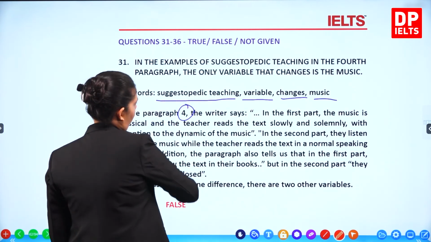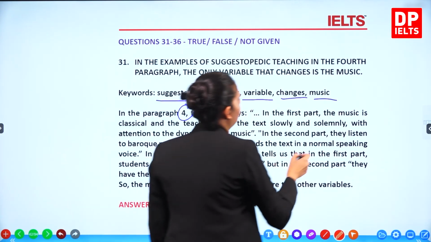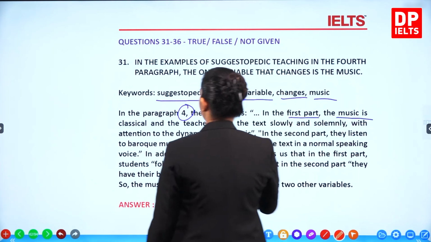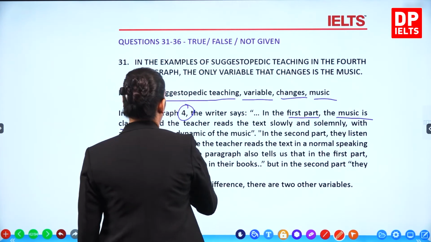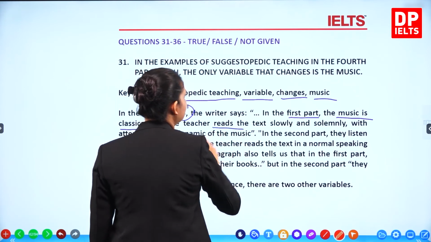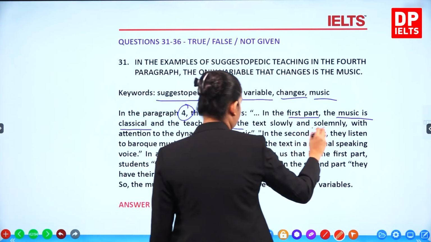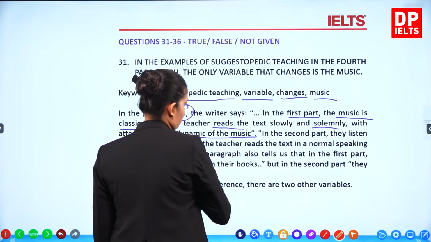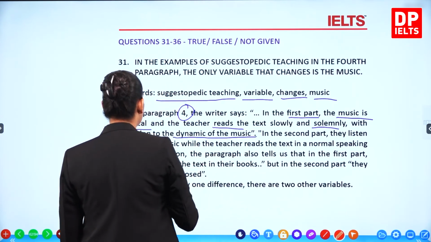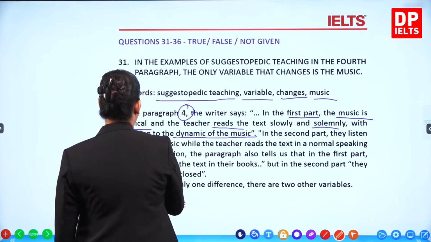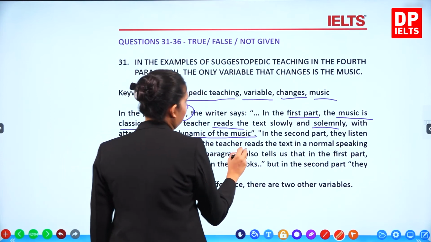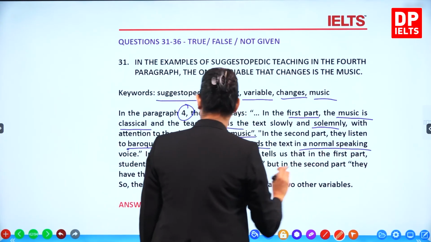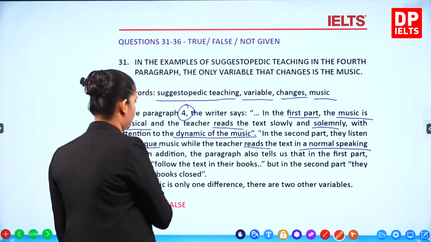In the 4th paragraph, the writer says, in the first part, the music is the classical and the teacher reads the text slowly and solemnly, with attention to the dynamic of the music. In the second part, they listen to baroque music while the teacher reads the text in a normal speaking voice, right?